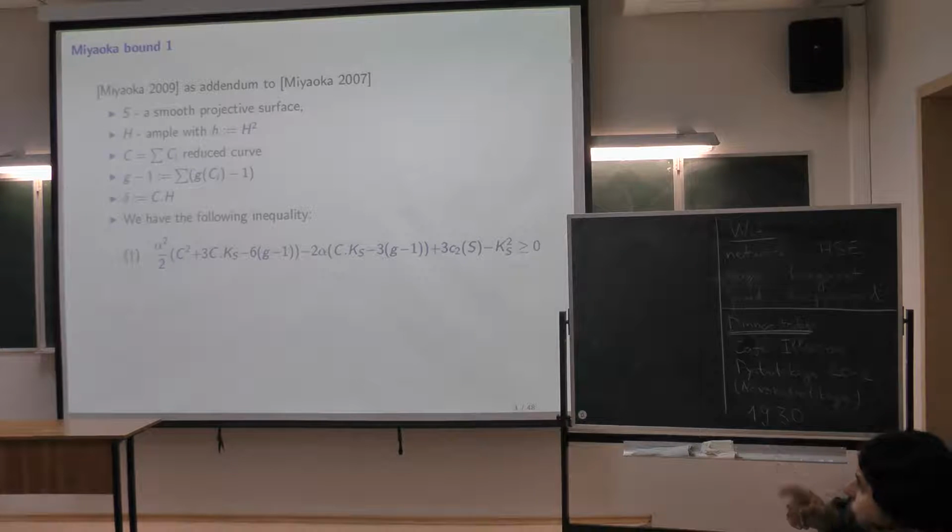So you don't assume the curve to be irreducible or anything? No. Originally Miyaoka just wants the curve to be reducible, but then he says actually there is a kind of statement, kind of proof, and then he says essentially all I want is, he makes no assumption on this curve. We don't care. What is the advantage of changing the definition of the genus?